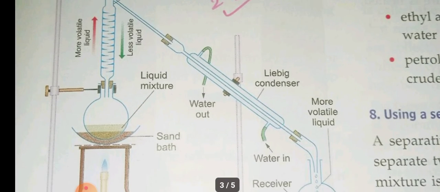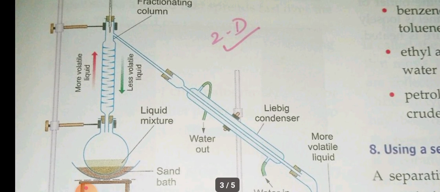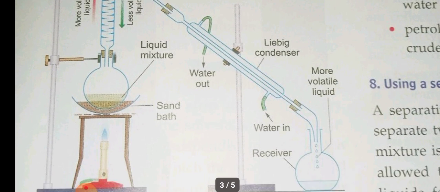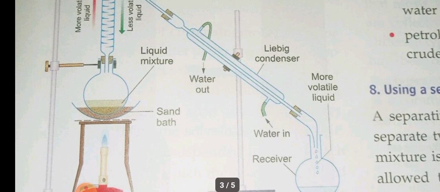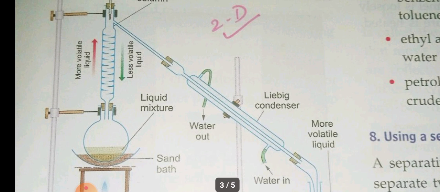See, we are taking the mixture in the distillation flask, and we are connecting the flask with the fractionating column and the Liebig condenser. Below the Liebig condenser, we are keeping a receiver. This is the arrangement for the fractional distillation method. After the mixture is heated, all the vapors will enter into the fractionating column.